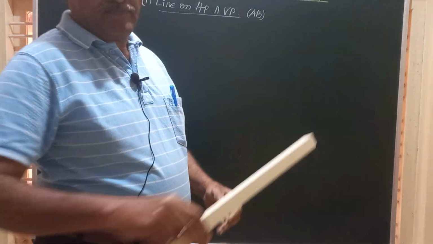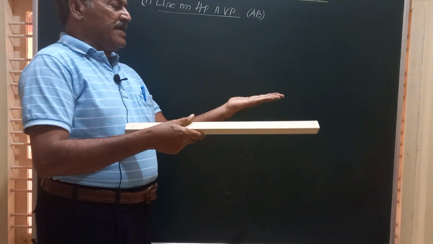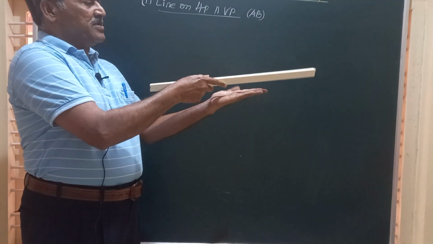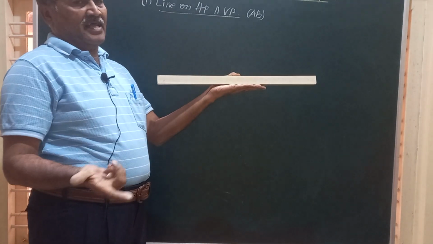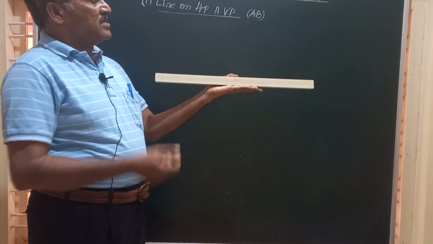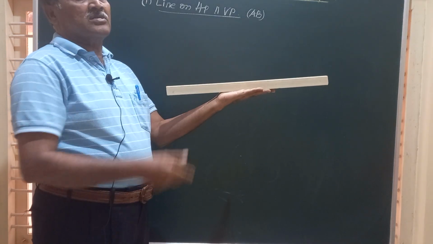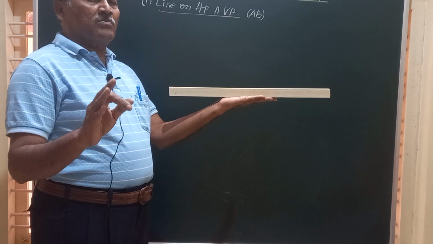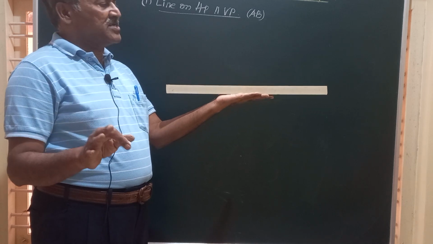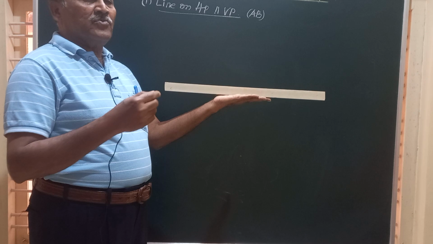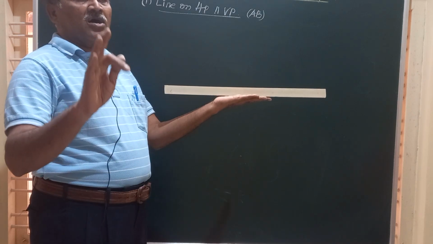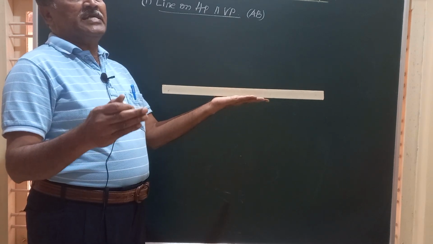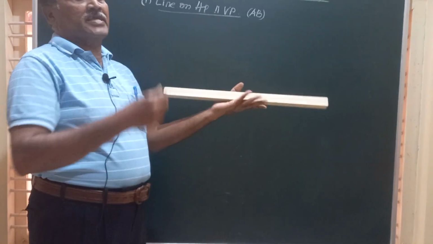Friends, if you take my hand, the palm, as the HP and this you can take as a line. Here this is on HP, and while teaching you the problems on the projection of points, I told you whenever any point is on HP, its front view is obtained on XY.